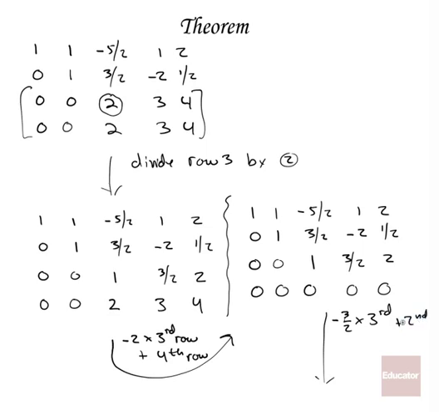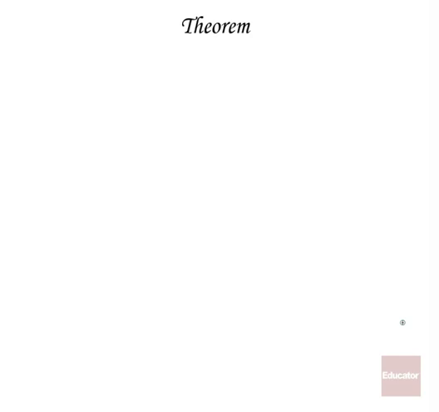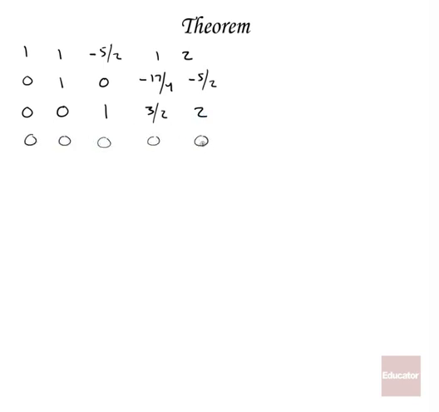And when I do that, I end up with 1, 1, minus 5 halves, 1, 2; 0, 1, 0, minus 17 fourths, minus 5 halves; 0, 0, 1, 3 halves, 2, and of course the bottom one is all zeros.